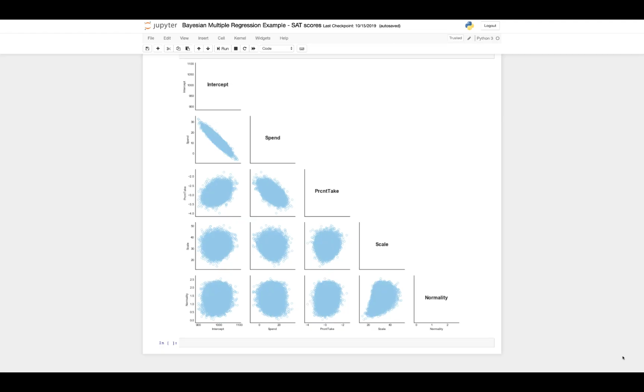So this gives us a sense of how our model is performing. The correlation between spending and percent takers suggests that we may want to use our additional results from Bayesian regression, which effectively takes us to a ridge regression approach. So this example gives you some code that shows how MCMC works for Bayesian regression.